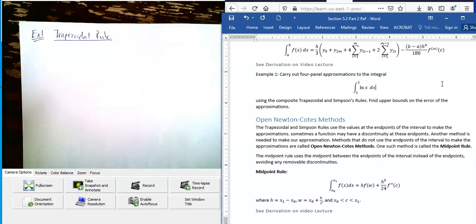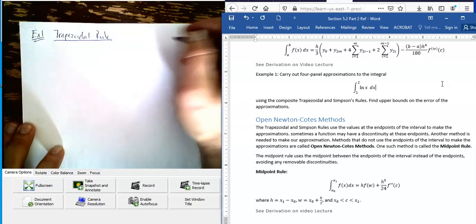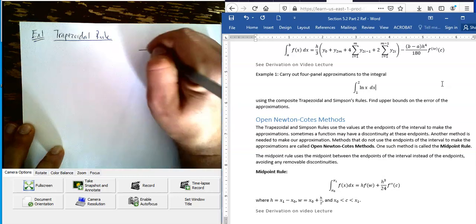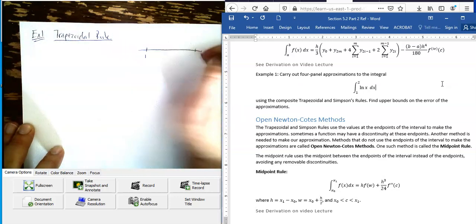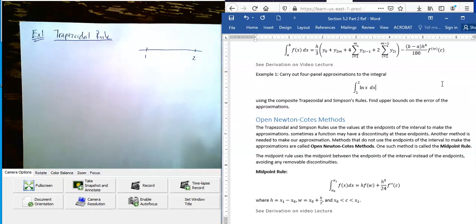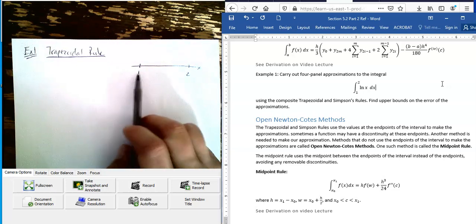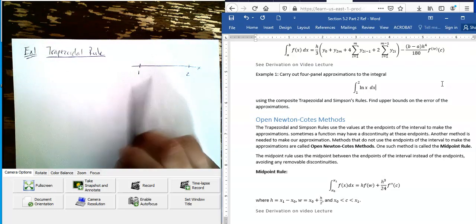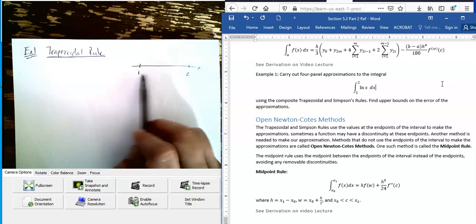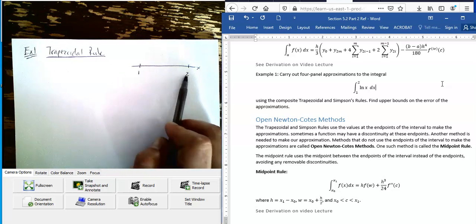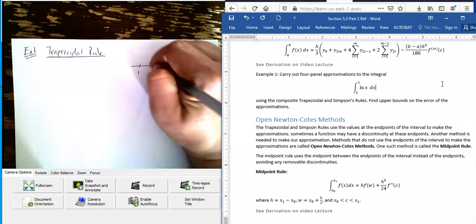So we're subdividing the x-axis into 4 panels using the trapezoidal rule. Now recall, we're going to have 4 trapezoids here, and for every m panels we'll have m x values, so we need 4 x values here.